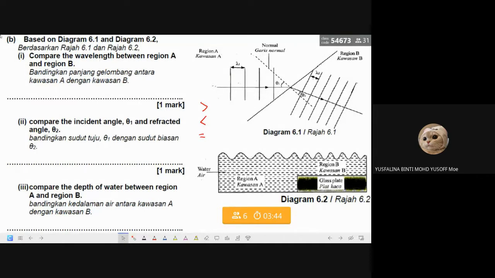I give you maybe 30 seconds more. The depth of the water is greater than the depth. Okay, so we stop now.